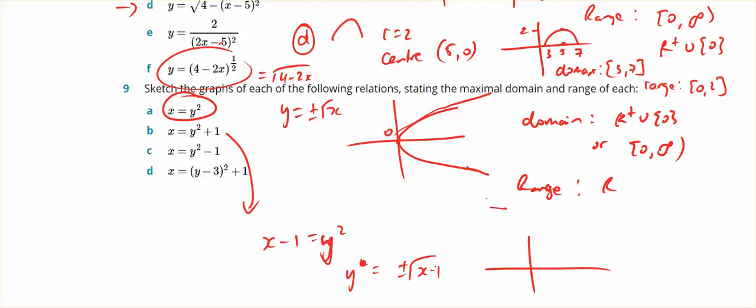You've got the plus graph, so if it's plus, then x minus 1 means the positive square root graph has been moved 1 to the right, and the negative root graph, so it looks like that, has been moved 1 to the right as well. So it looks something like this. I won't go over this in detail, the domain would be from 1 to infinity, including 1, and the range would be reals, so similar.